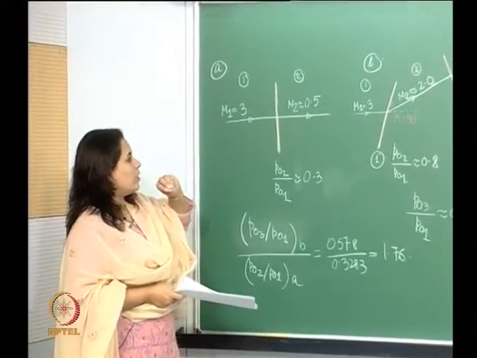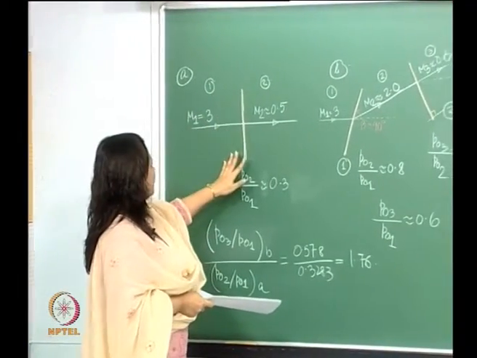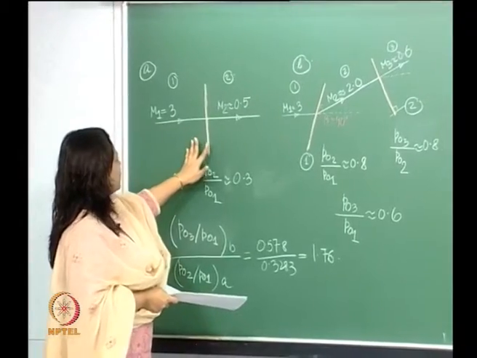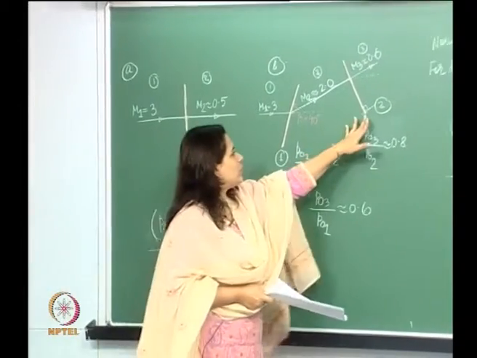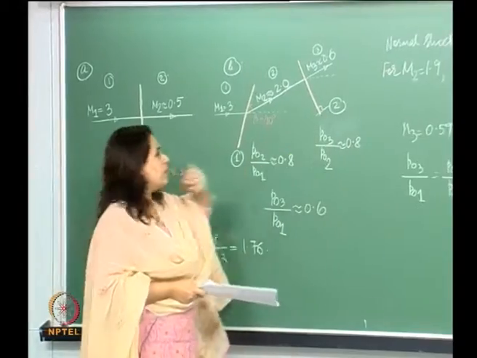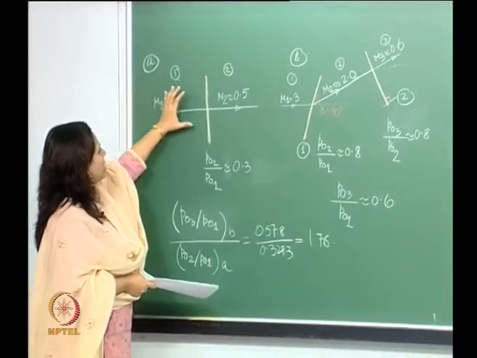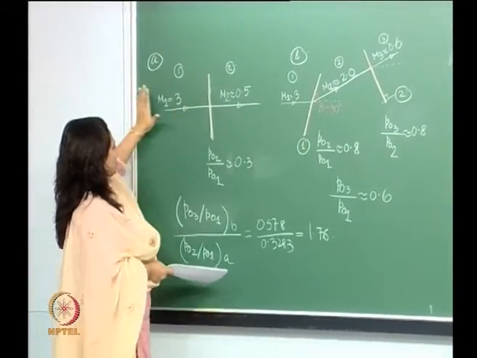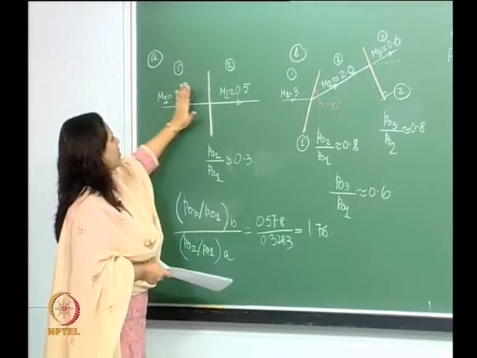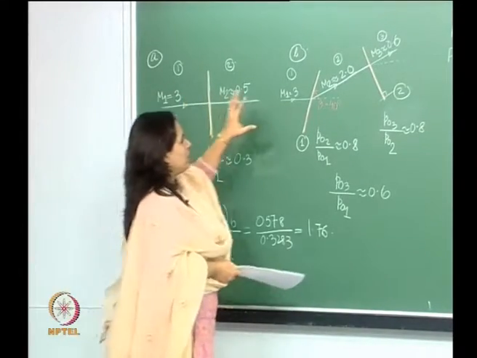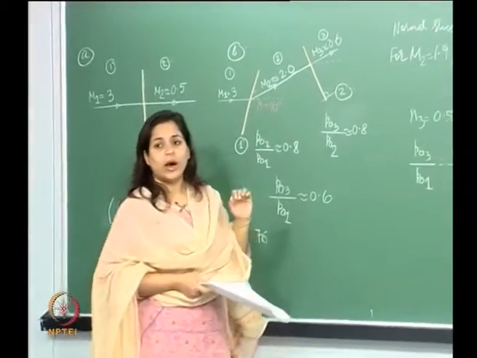So therefore, if you look at this normal shock and this normal shock, the incoming speed is at Mach 3 here, and here the incoming speed is Mach 2.